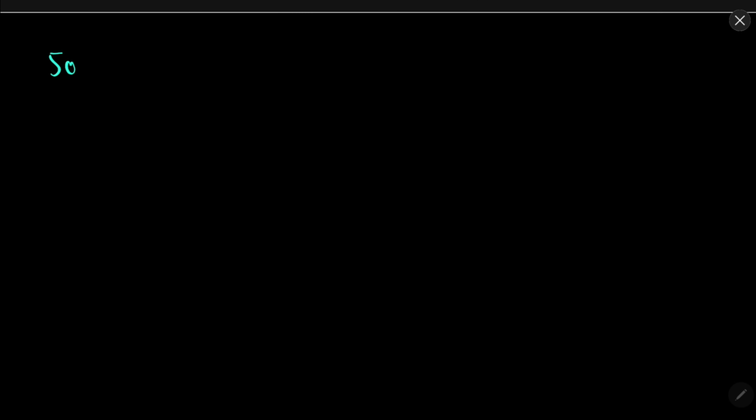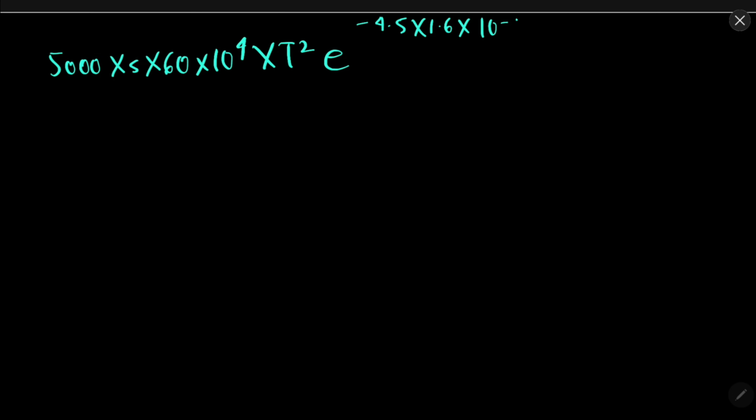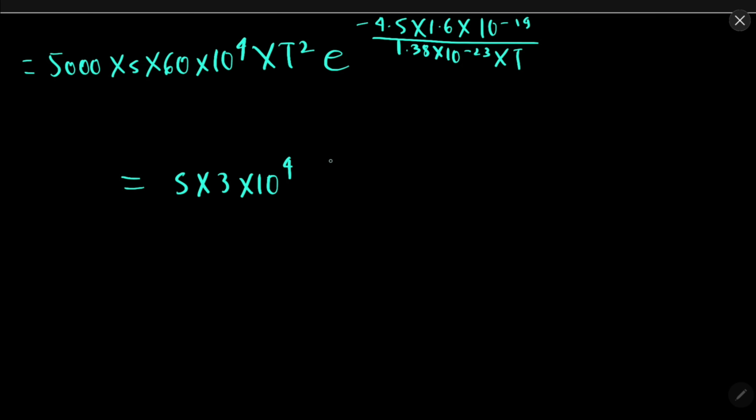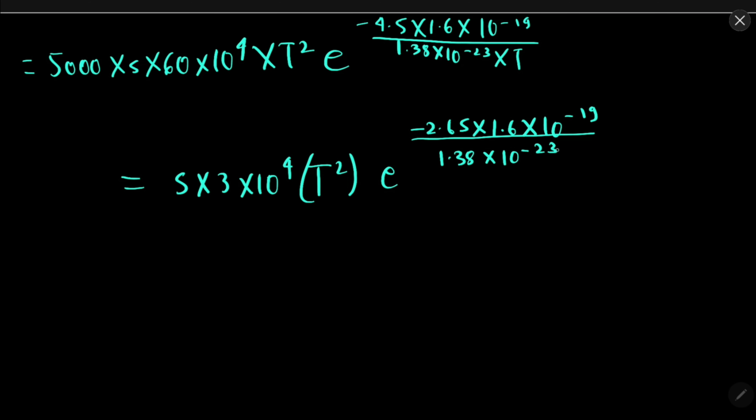So this means 5000 into S into 60 into 10 to the power 4 into T square e to the power minus 4.5 into 1.6 into 10 to the power minus 19 over 1.38 into 10 to the power minus 23 into T, it will be S into 3 into 10 to the power 4 into T square e to the power minus 2.65 into 1.6 into 10 to the power minus 19 over 1.38 into 10 to the power minus 23 into T.